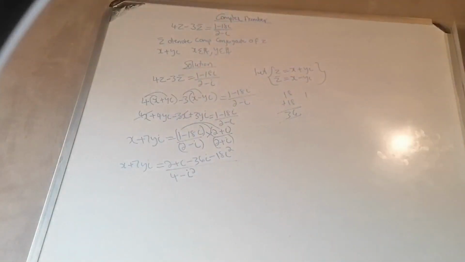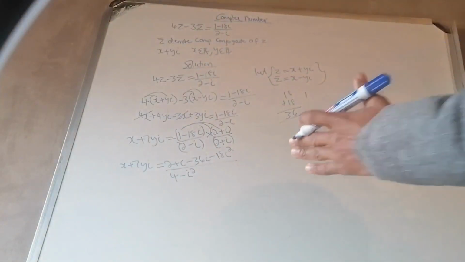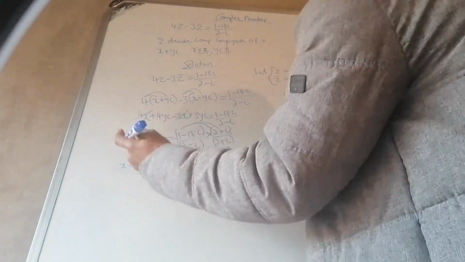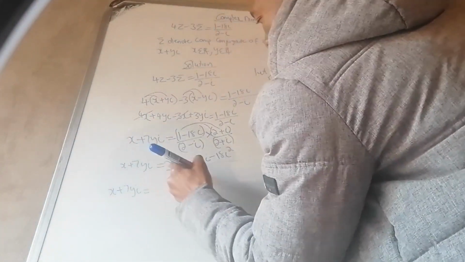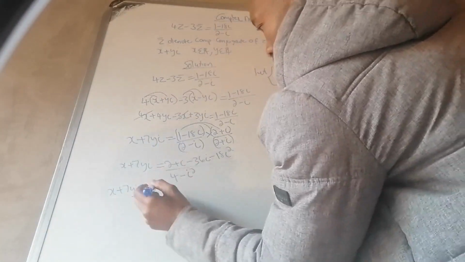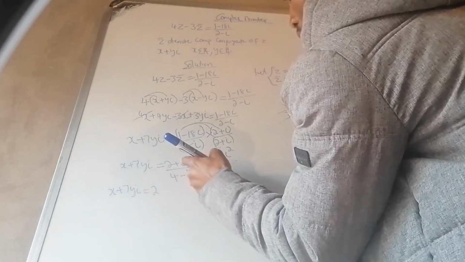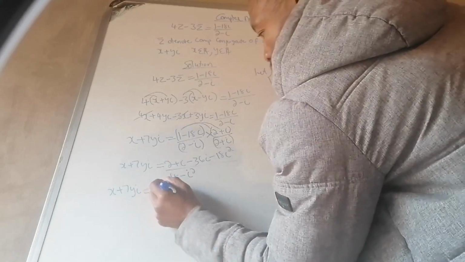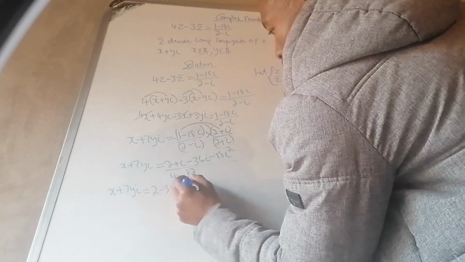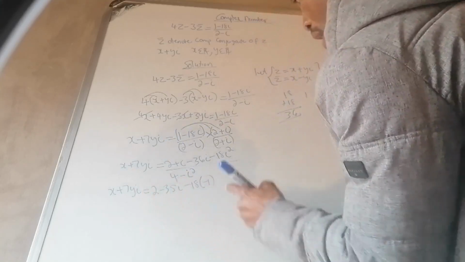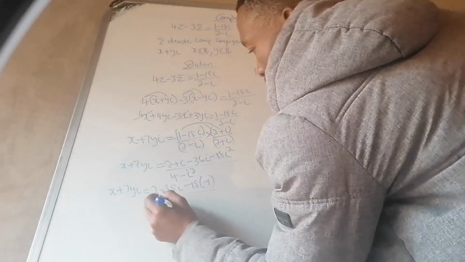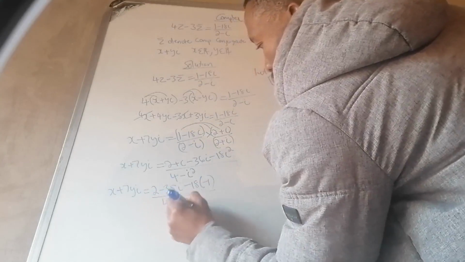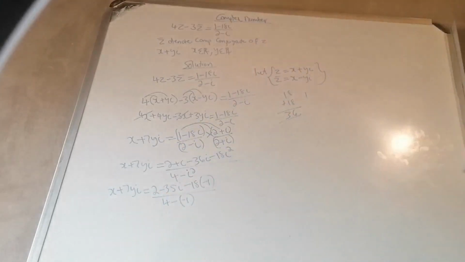We can now see how far we can simplify. x plus 7yi equals 2i minus 36i, that is minus 35i, minus 18 times minus 1, because i squared equals minus 1, divided by 4 minus minus 1. Very important that we see that.